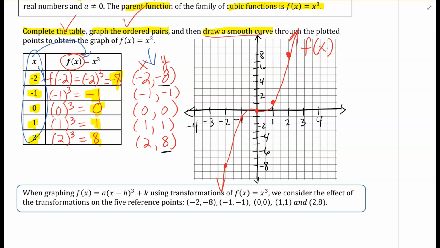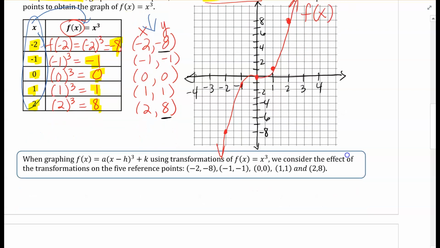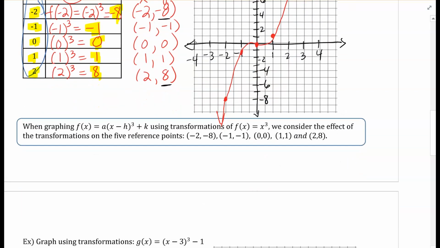So this is the parent function for the cubic functions, okay? If you notice here, when graphing f of x equals a times x minus h to the third power plus k using transformations of the parent function f of x equals x to the third, we consider the effect of the transformations on the 5 reference points: -2, -8, -1, -1, 0, 0, 1, 1, and 2, 8.